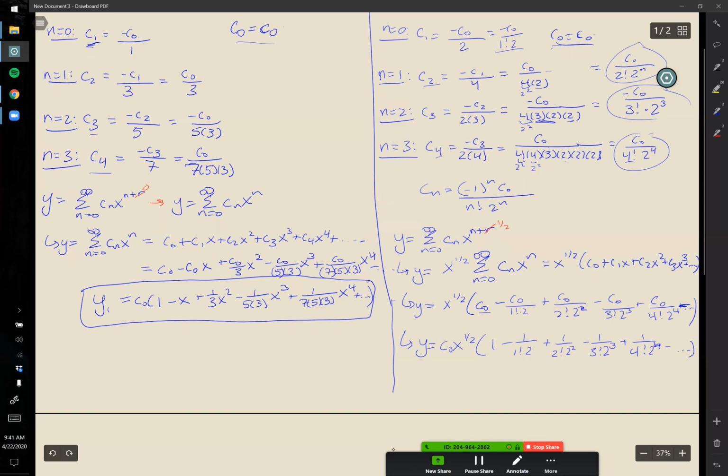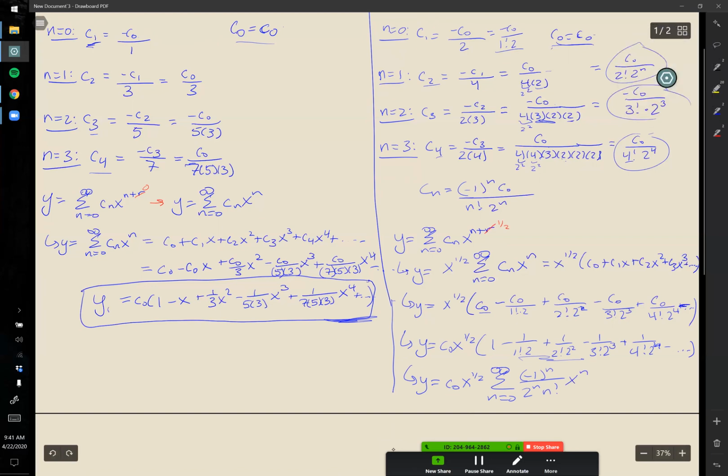Now, you could leave it here if you like, because we didn't really find a nice formula for the first one, but it turns out this one has a nice formula. It's just C naught x to the half times the sum, n equals 0, of minus 1 to the n over 2 to the n n factorial, x to the n. So that's cool.